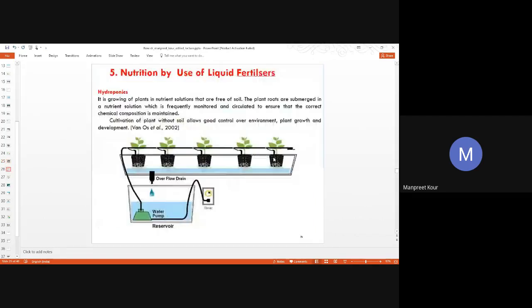Now, another modern technique of nutrition is the use of liquid fertilizer. If we talk of liquid fertilizer, there is a trend of vertical farming, because more and more we have shrinking holdings, and day by day our holdings are getting fragmented.